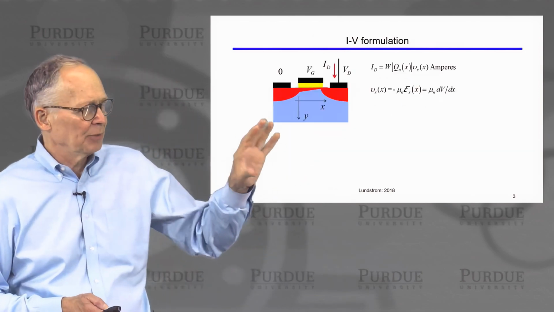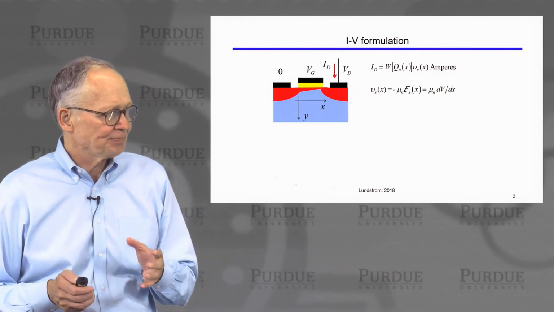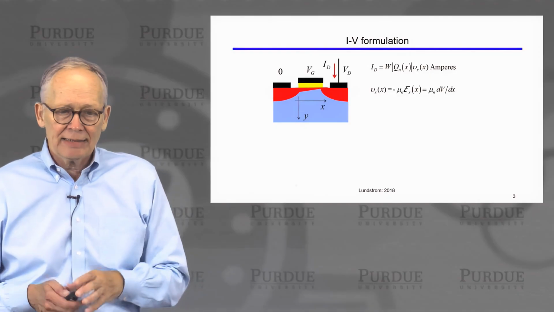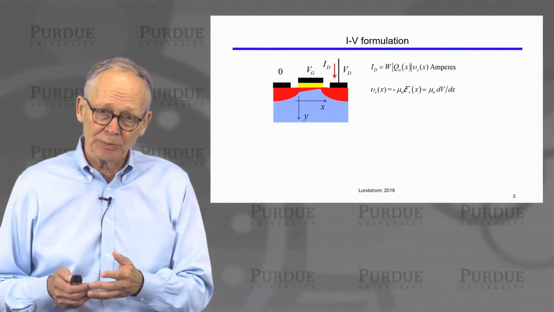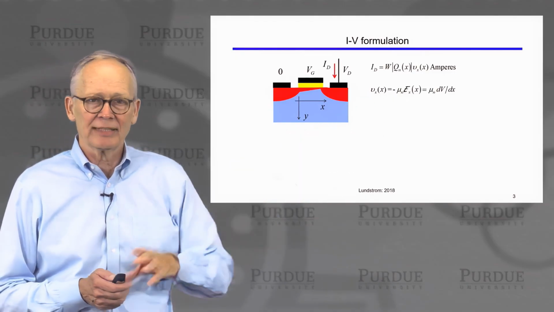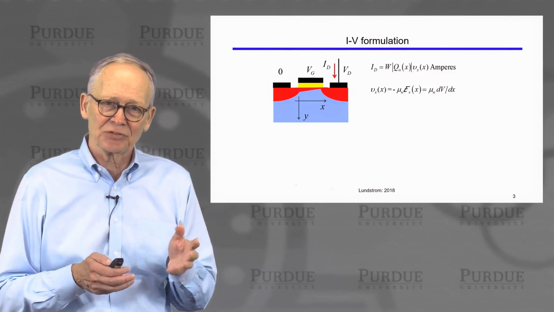All right, so how do we formulate them? We remember that current is charge times velocity. It's also proportional to the width. Now we're thinking of velocity as due to an electric field, which is sweeping the electrons along the channel. The velocity is minus mobility times electric field. Minus because this is an N-channel transistor.